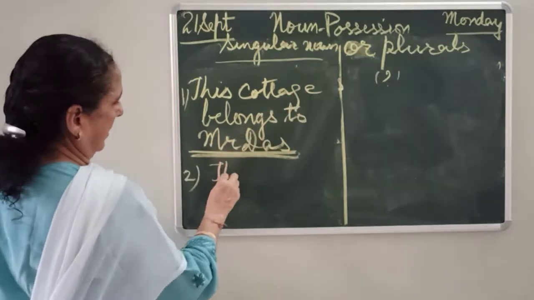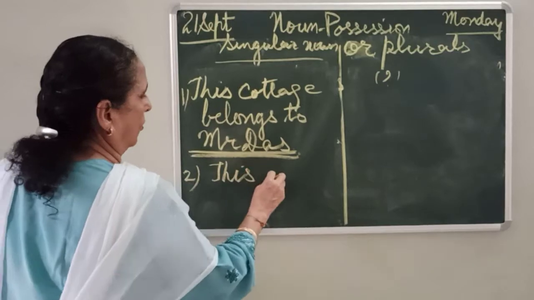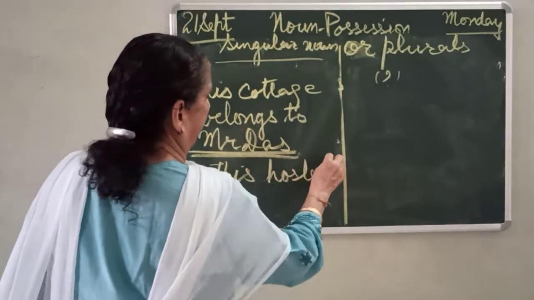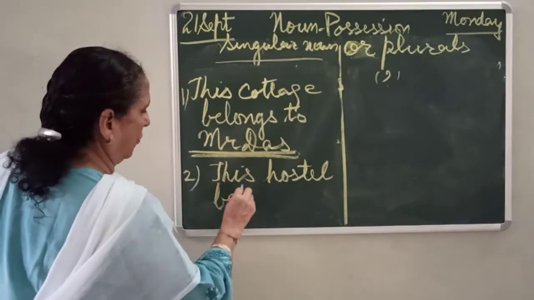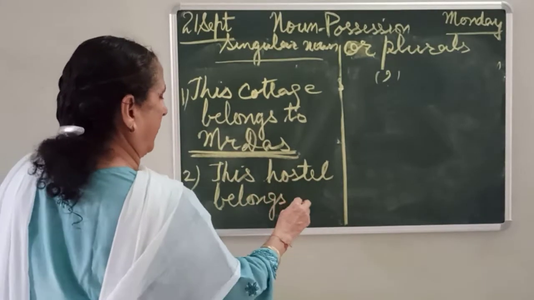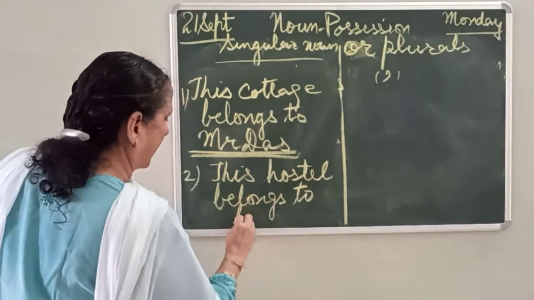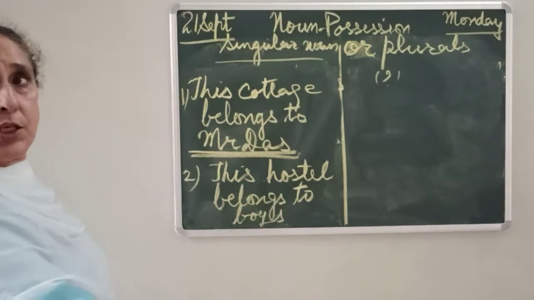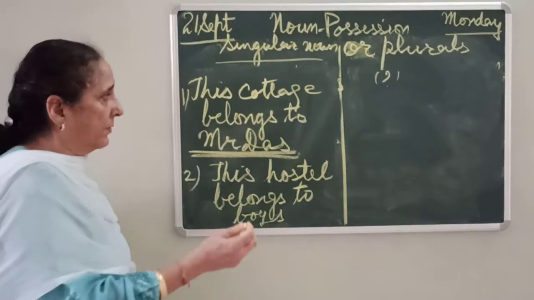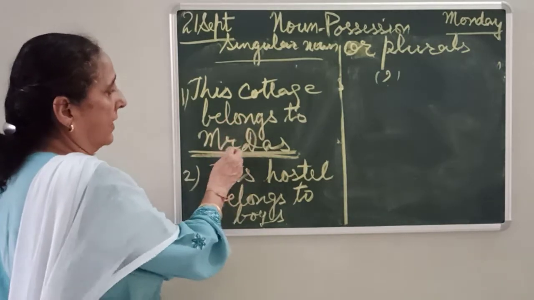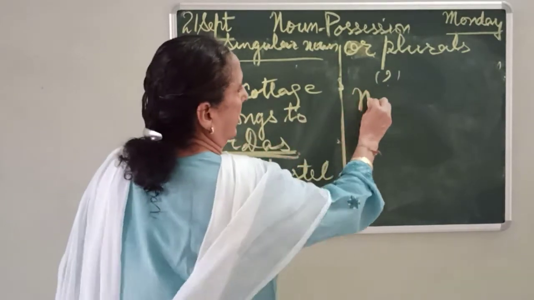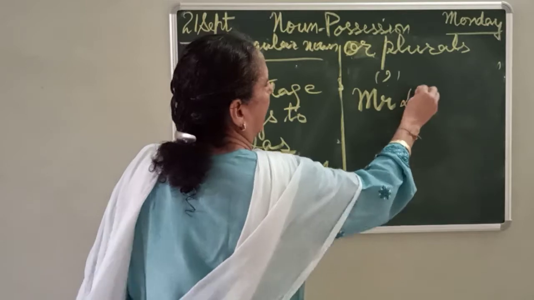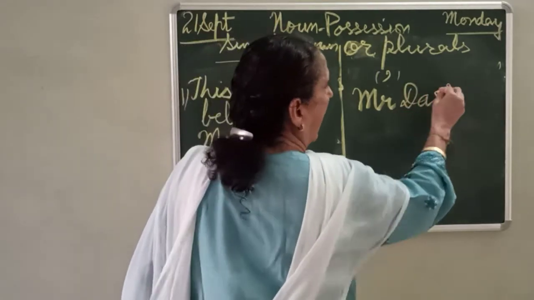Next is plurals. This hostel belongs to boys. It means this cottage belongs to Mr. Das. Mr. Das' cottage.